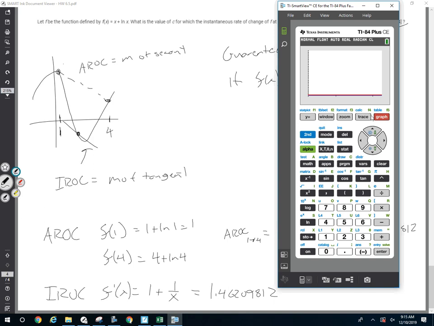Graph, window, zoom, standard. Right there. Second, calc, intersect. We are guaranteed to have this location by the mean value theorem. This function is differentiable between 1 and 4. We got 2.164.